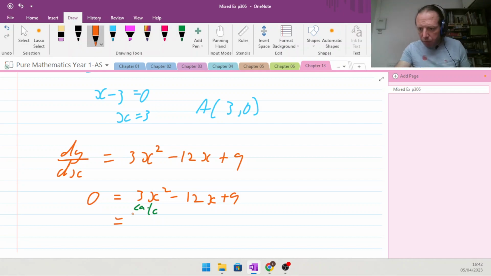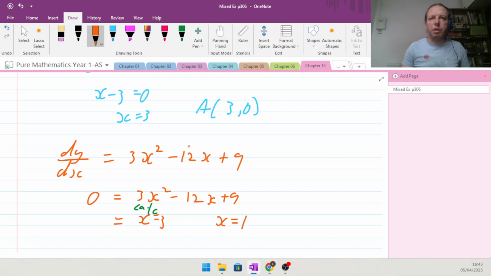Okay, polynomial number 2. Here we go. 3, minus 12 and 9, and we get x equals 3, which will be the solution up here, and we also get x equals 1.